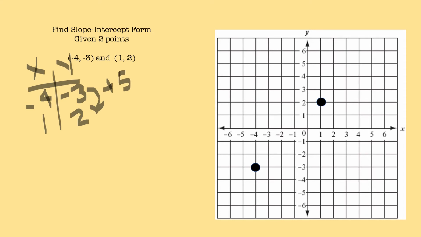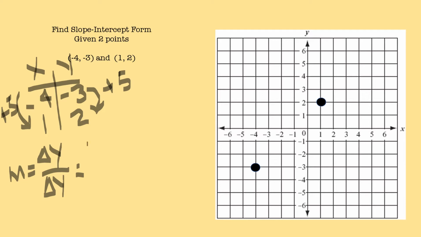That's how many there are in between there. It's going up by 5 from -3 to 2. And on this side, from -4 to 1, it's also going up by 5. So when we're trying to find our slope, it's the change in y over the change in x. That's what those triangles mean, which is 5 over 5, or it's equal to 1.